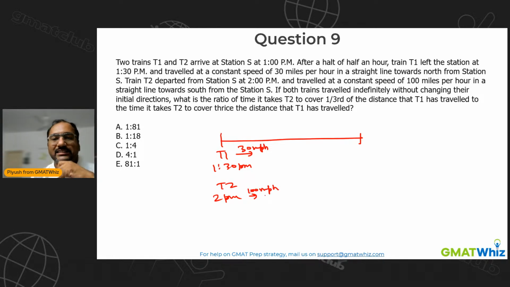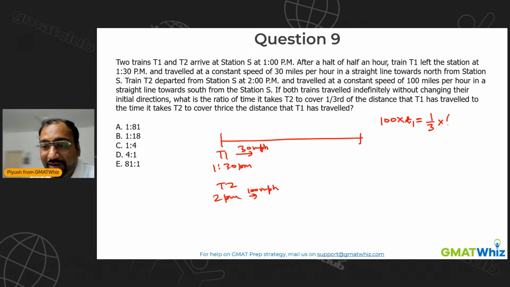Then it asks for the time that it took for train 2 to cover 1/3 the distance train 1 did. So train 2, if I take the time as T1, will cover 100 into T1. That is 1/3 of the distance that train 1 covered.